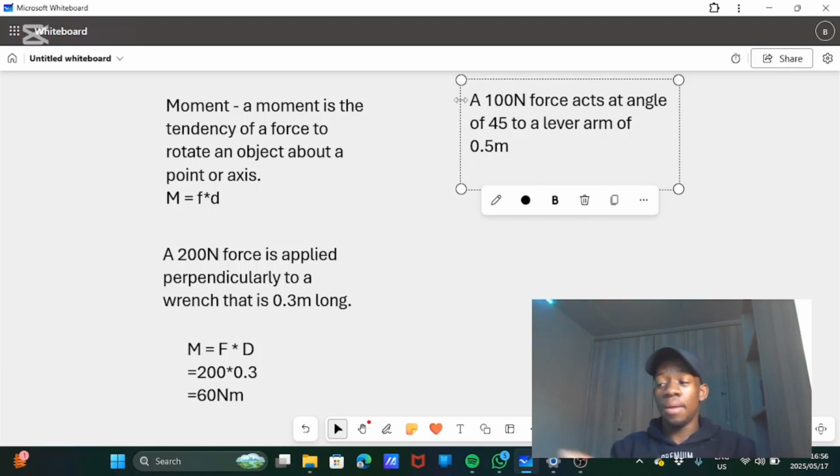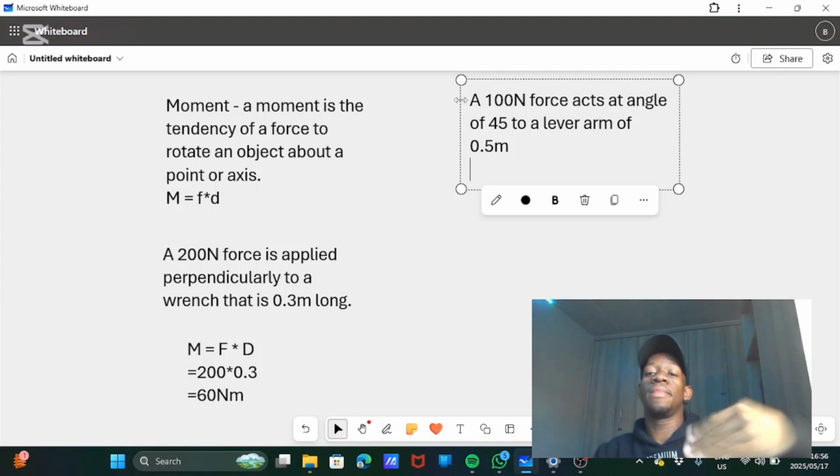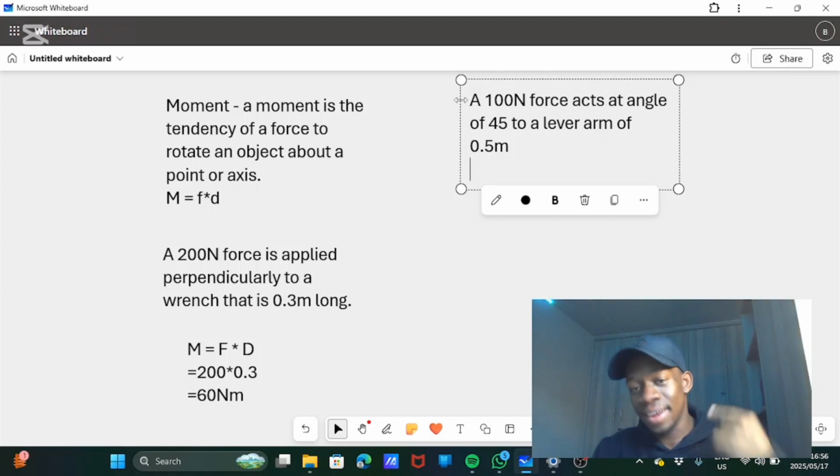Here, this time the force acts at an angle.